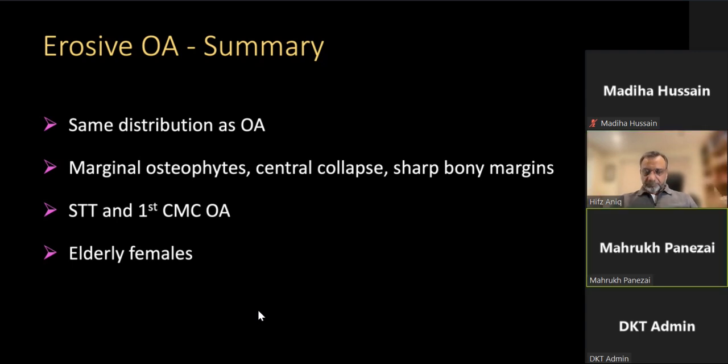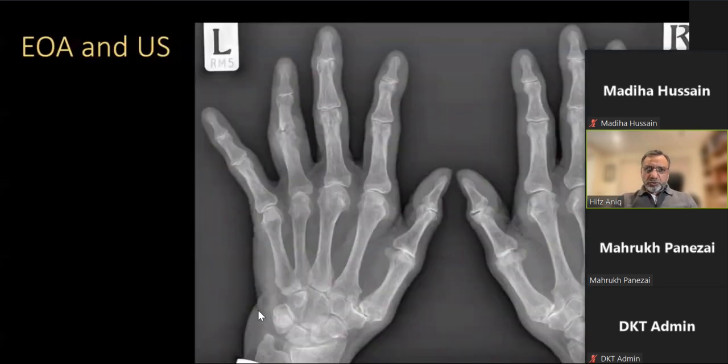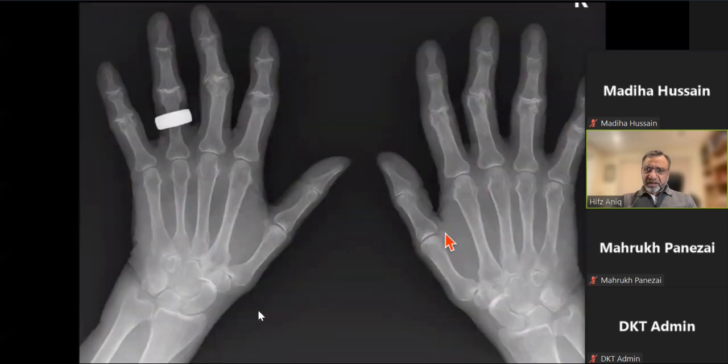Yes, basically, sir, it's basically osteoarthritis, which led to inflammation, and now we're seeing erosion. So I tend to call it erosive osteoarthritis when I see articular surface erosions, not when there's a sign.